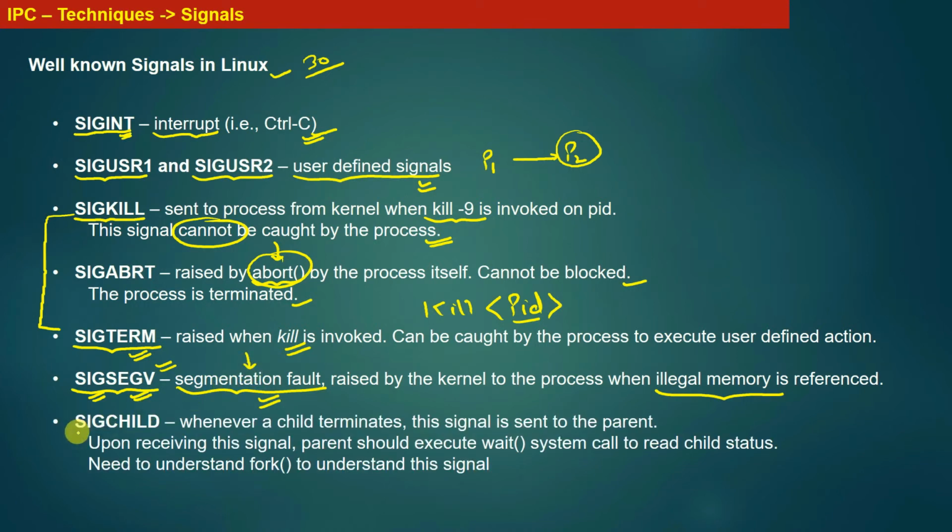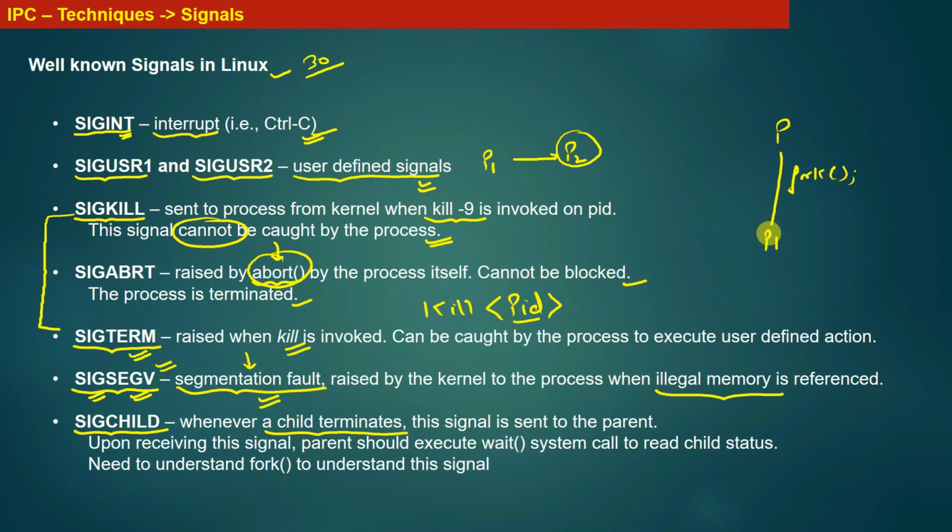Then another signal is the SIGCHLD signal. Whenever a child terminates, here child means a child process of a process. So you have a process P which is running on the system and using the fork system call. If you have heard about this fork system call, whenever a process P invokes a fork system call, a new process P1 is created.